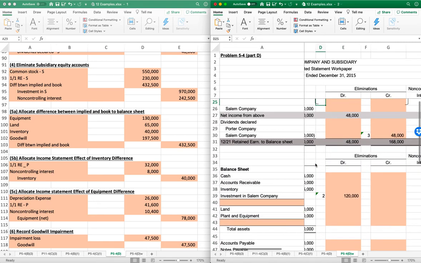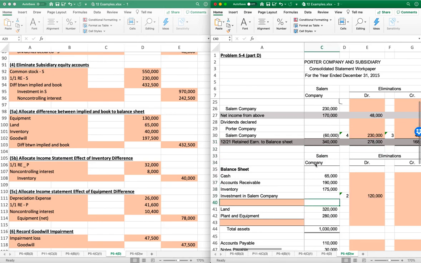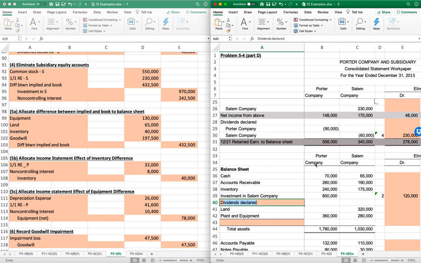So we have to head back up to the retained earnings statement. That's going to be a debit of $230,000. Then we need our difference between implied and book, which once again is going to appear in the middle of everything for no discernible reason, but it doesn't matter because it's going to go away. We're going to add that for $432,500. And then we have our credits.